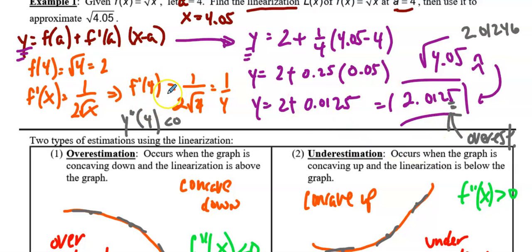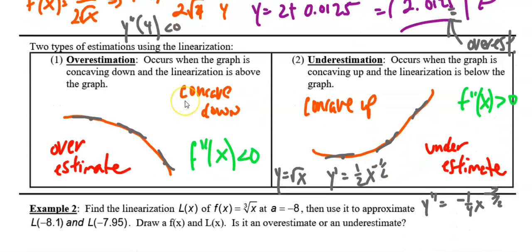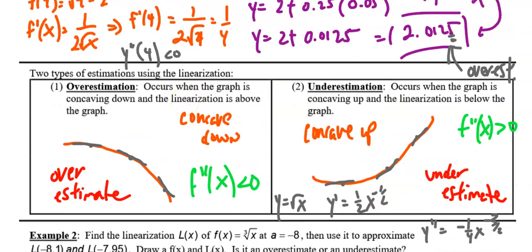So finding the second derivative tells us whether it's an over and under. And just remember, you can always graph it and think an over. Because remember, don't think that because the second derivative is negative that it's going to be an underestimate. Remember that negative means that it's going to be concave down. We're sad, concave down, so it's going to be an overestimate. So concave down is an overestimate, concave up is an underestimate. All right, so hopefully that makes sense, you guys, and I will see you in the next video.